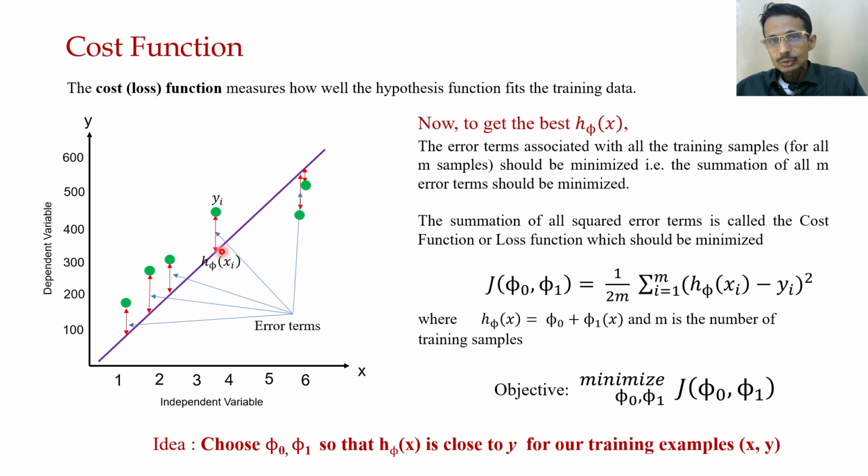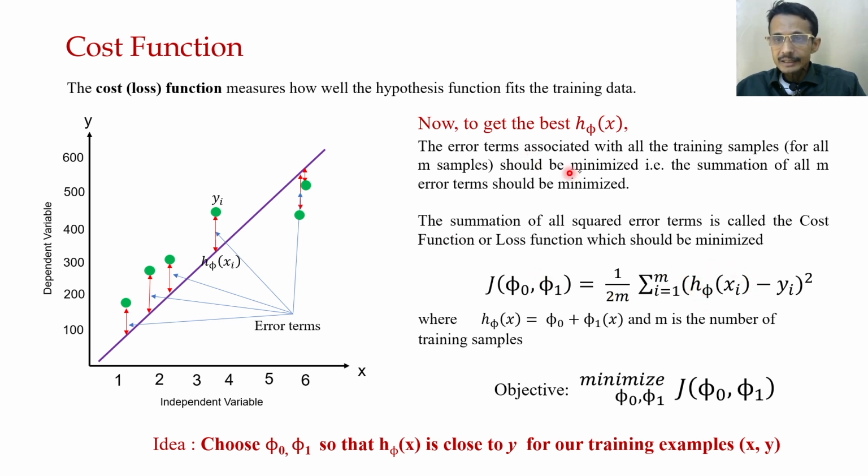So actually our cost or loss function is essentially the summation or normalized summation of this squared error, as we have seen here. So we define our cost or loss function as how well the hypothesis function fits the training data, by measuring this squared error.